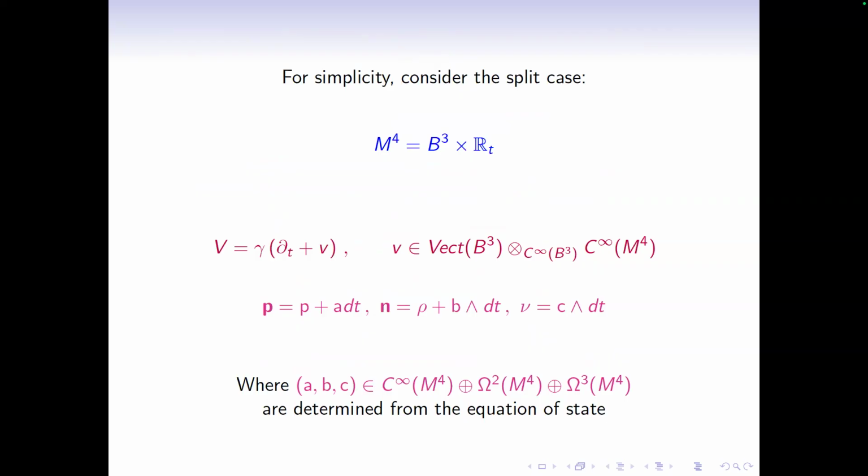Let's go back to something down to earth. I started with Euler equations yesterday. So where are the Euler equations in all this? Well, they're simply a particular case of the structure where M4 has a foliation or time-like slicing. If you take M4 to be a product of a three-manifold times a line, then you can decompose all the forms accordingly, and you decompose the canonical vector field the way I wrote before.